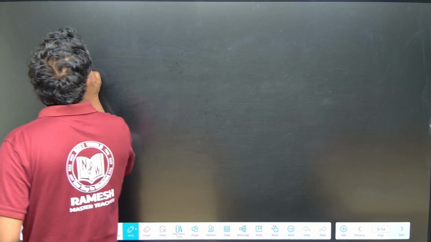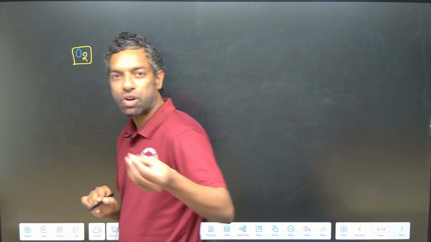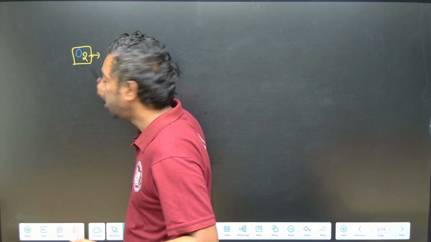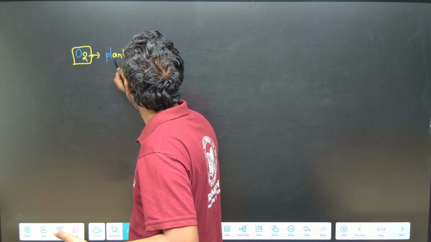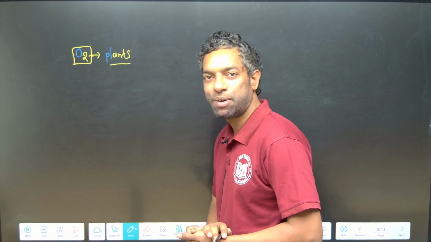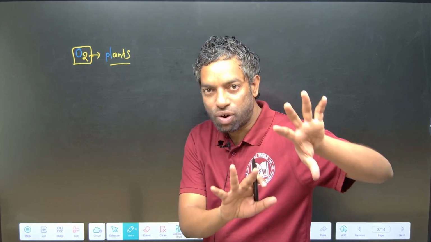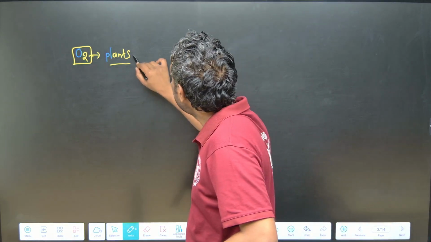Oxygen first. Who produces oxygen? Plants, trees in the environment. Plants produce oxygen, and it mixes with air, which is called the atmosphere.